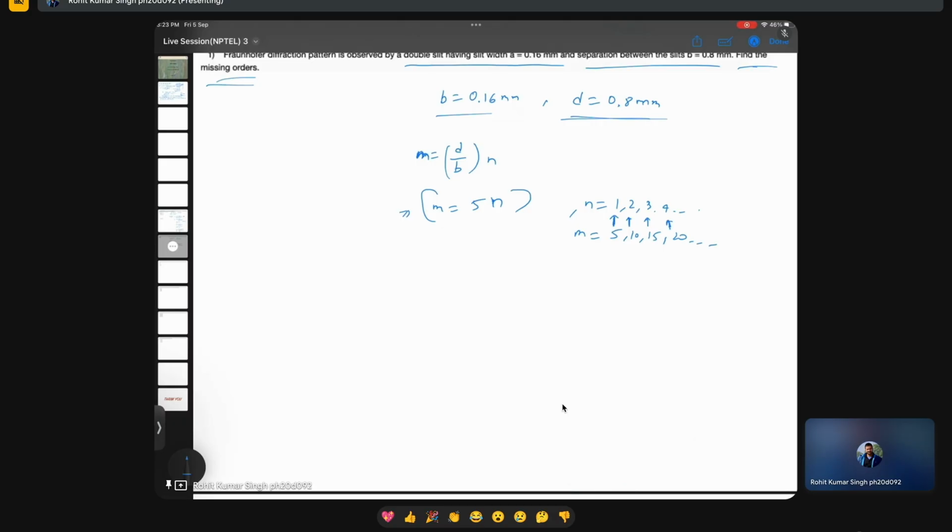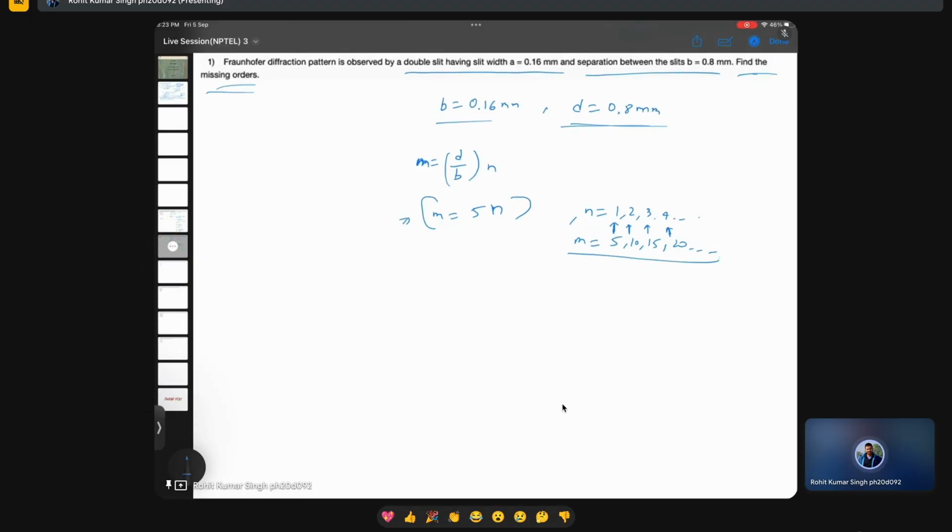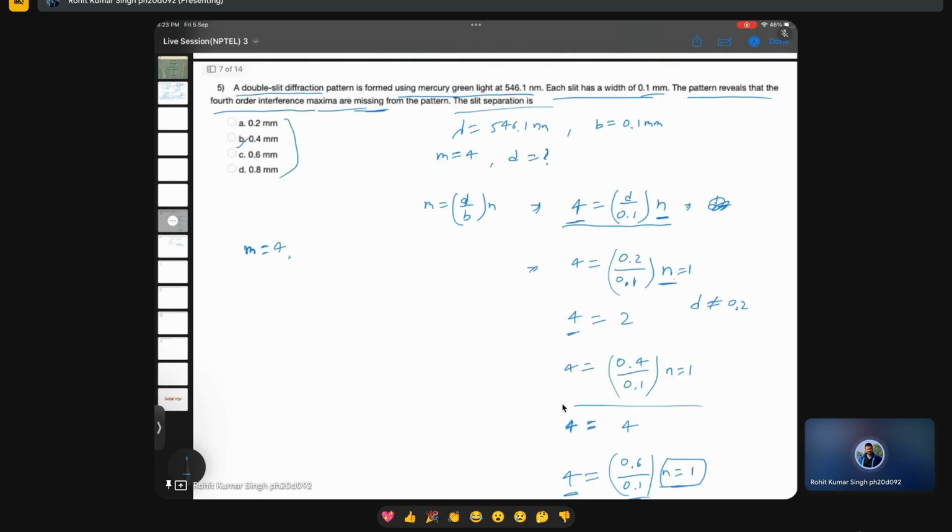Understand? So these will be your missing orders. The missing orders always come in sets. So if this kind of problem comes where you have to find the slit separation and it is not given which order of diffraction minima is coinciding with the interference maxima, you have to always assume n equal to 1 minimum.